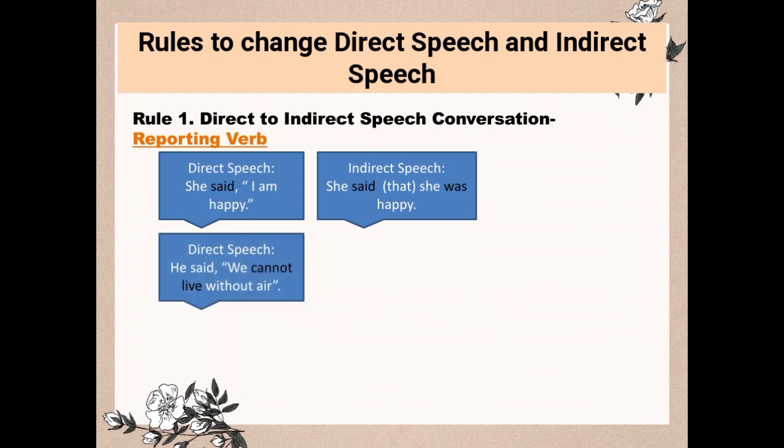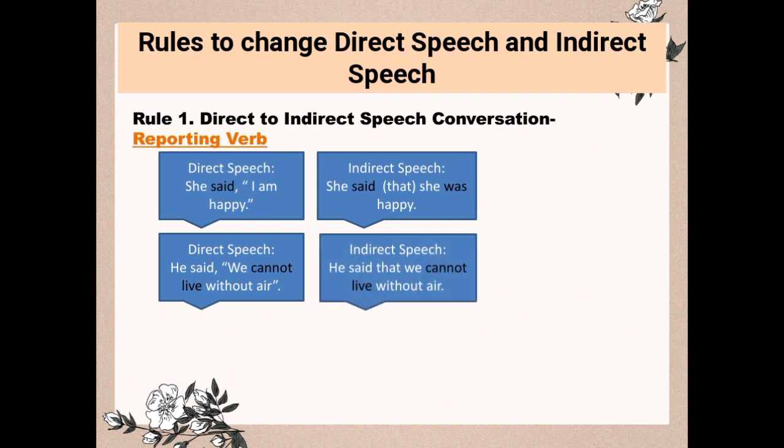Next, in indirect speech, tenses do not change if the words used within the quotes talk of habitual action or universal truth. Example, he said, we cannot live without air. In indirect speech, he said that we cannot live without air.